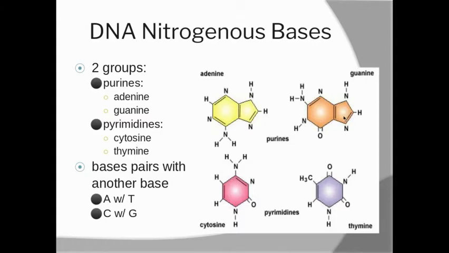Now, it's not far-fetched to have the question, well, can A bind to C, or can guanine bind to thymine? And the answer to that is yes. Errors do occur, and those types of errors are most frequent.